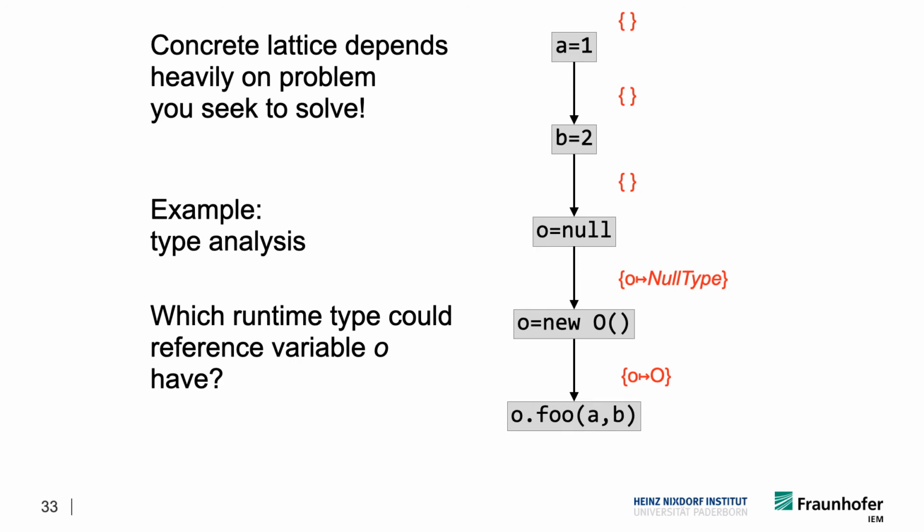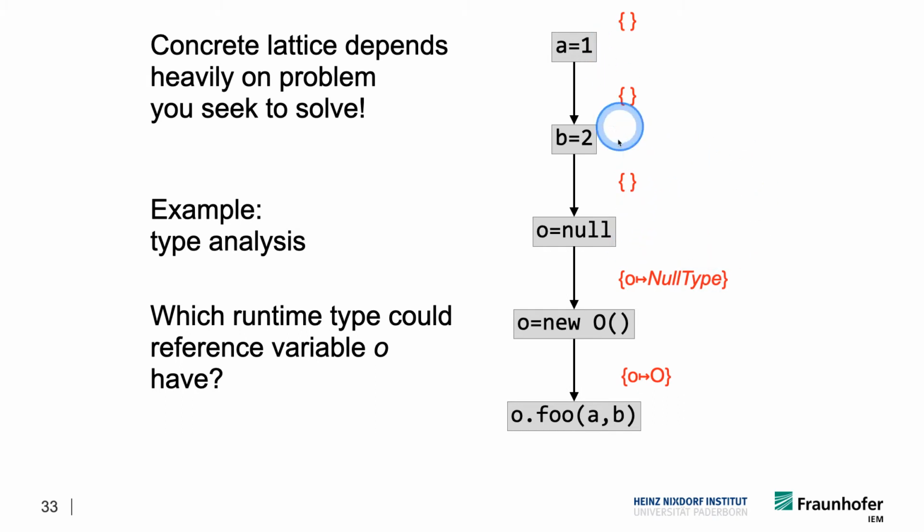But we can even think about a so-called type analysis, right? So we have already seen type analysis before, but here we are reasoning about flow-sensitive type analysis. That's actually looking not only at what particular declared type a variable could have, but even what runtime type it could have. So what type of object has a variable actually been assigned at a given statement.